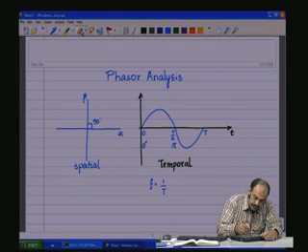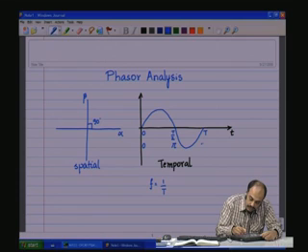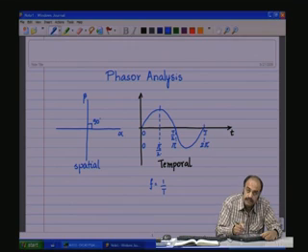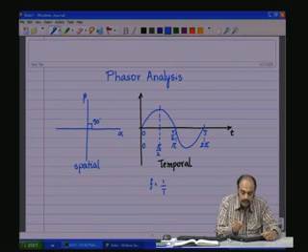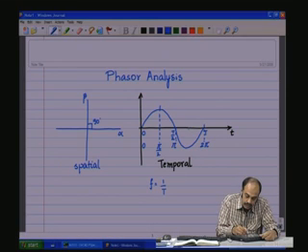Let us fix it all in radians. So, 0 radians, pi radians, 2 pi radians, that is this point here. Of course, the point where the peak occurs will be pi by 2 radians, and this would be 3 pi by 2.